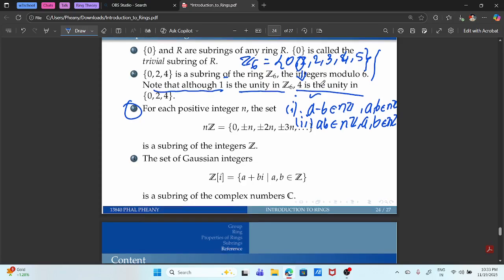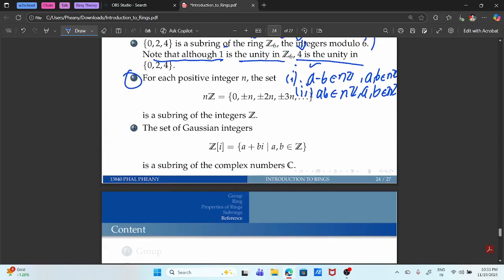Let's check it. Suppose we subtract n minus 0 equals n, which belongs to nZ. Suppose we have 2n minus n equals n, which also belongs to nZ. So this means any element a minus b belongs to nZ.